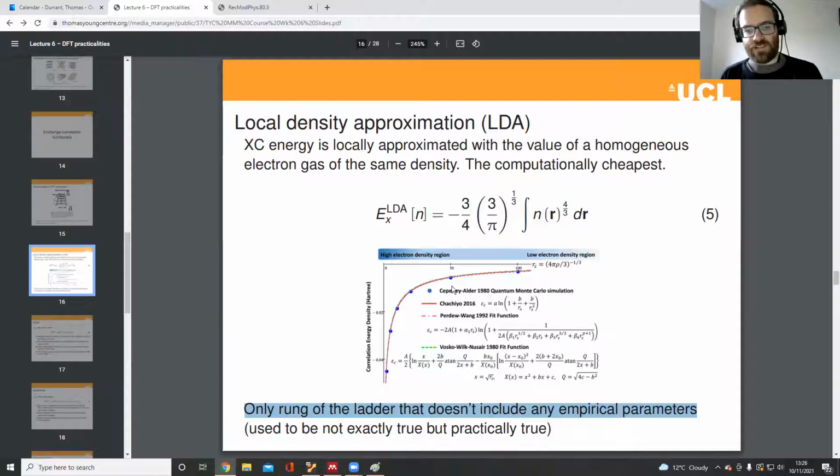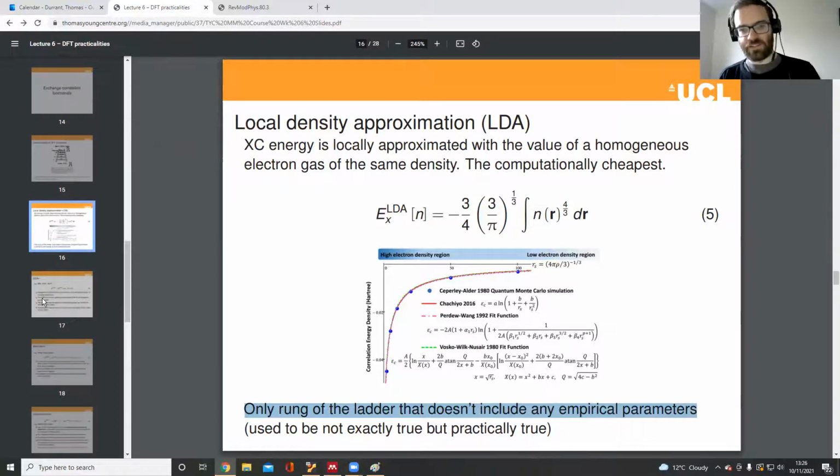So these blue points here are some fairly old now quantum Monte Carlo simulations of a homogeneous electron gas that were performed in the 1980s, which were pretty accurate. And then these different lines are different fits that people have fitted to this data, producing the different colored lines. So your DFT code will probably use one of these fits to generate the correlation energy. But practically, it's hard to see much difference between the various ones that have been produced.